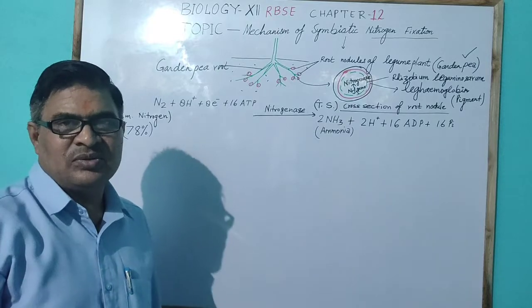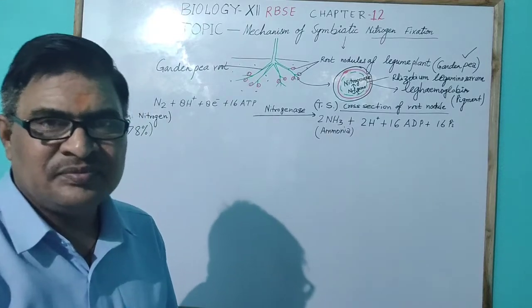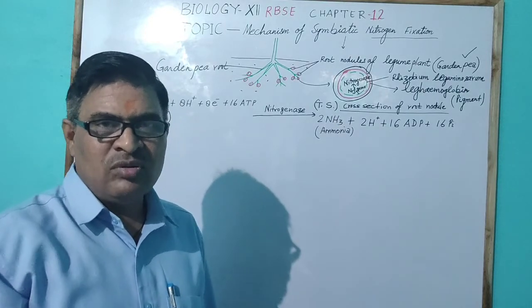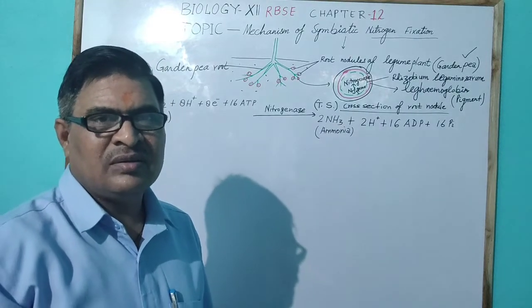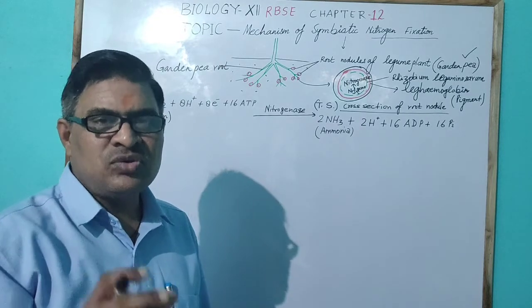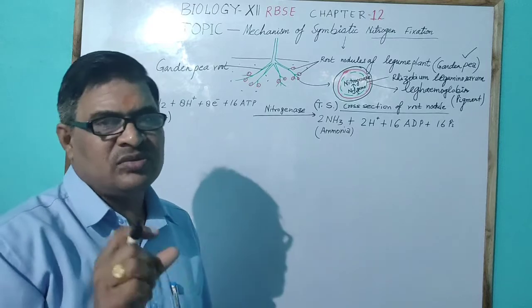Other plants also, like arahar, gram which is called chickpea, moong, urad, and guar phali, have root nodules in the root.